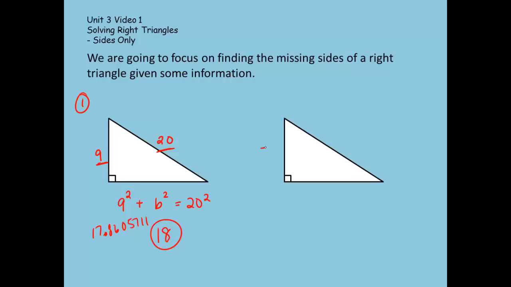Let's try number 2. Here I've got 5.4 and 13.1 as my legs. So we're going to use the Pythagorean theorem again. Go ahead.